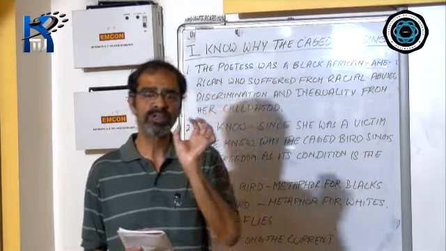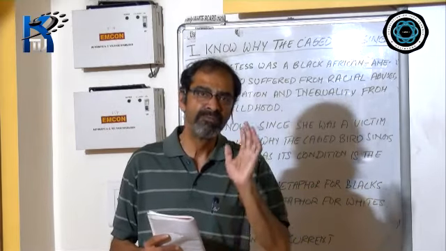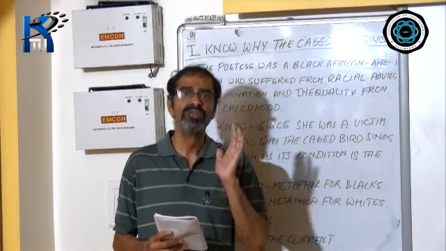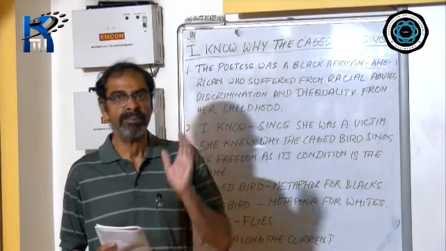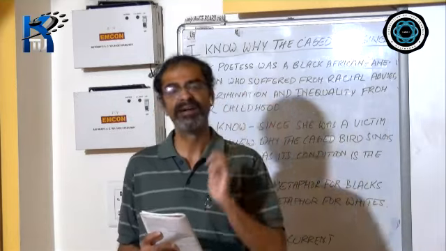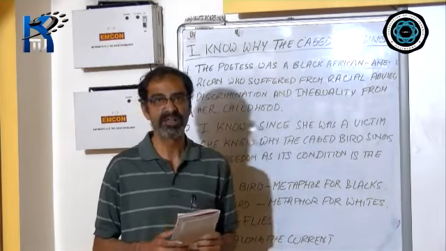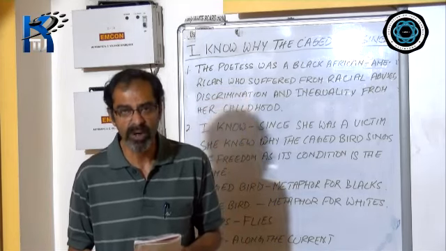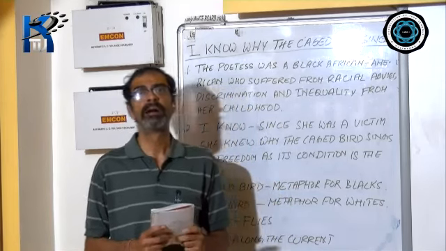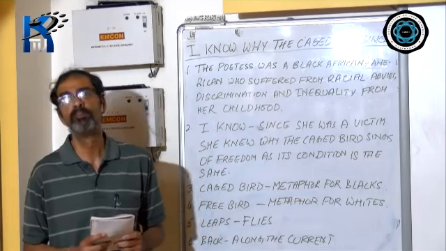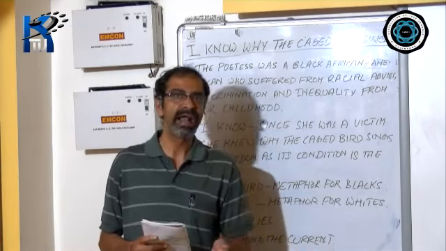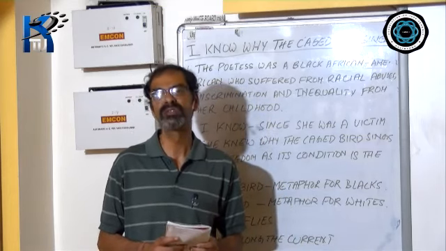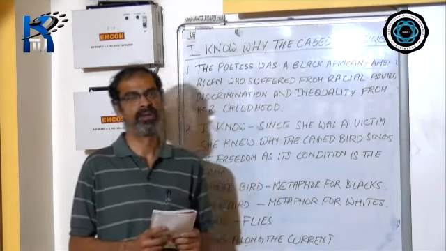The most important point here is, before we understand the poem, before we know the theme of the poem, before we understand the central message or the idea in the poem, it is very important to note the background of the poetess. Without that, what the poem is conveying remains incomplete.